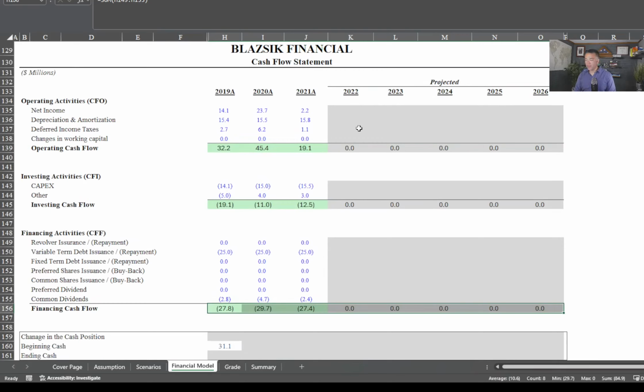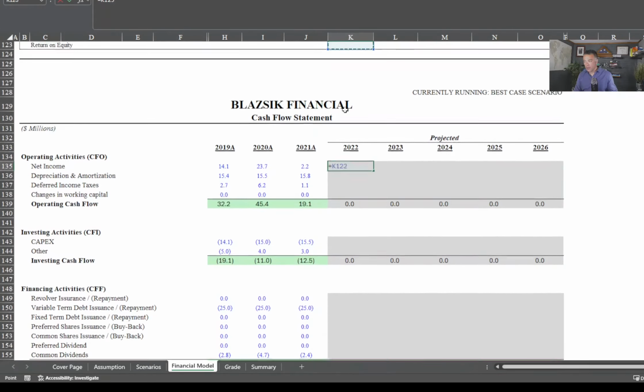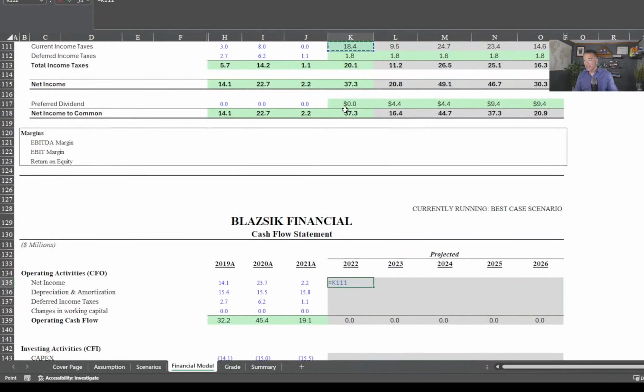So I want you to think about this: how much cash do we have from our income statement? So the first thing we want to do is plug in our income. I'm going to go straight up here and find our income, and this is important, the income not after we subtracted out dividends. The reason is really important.